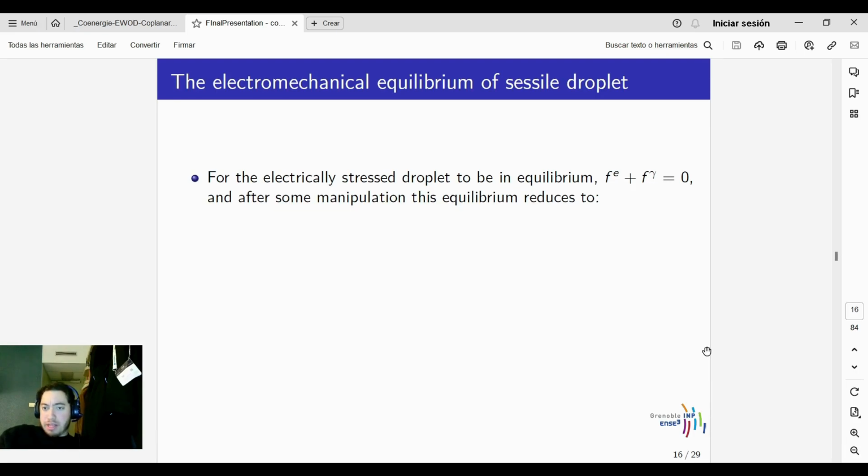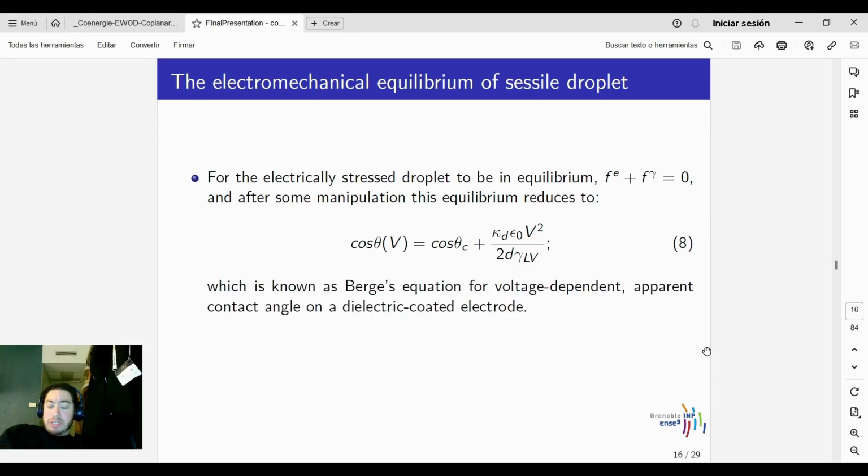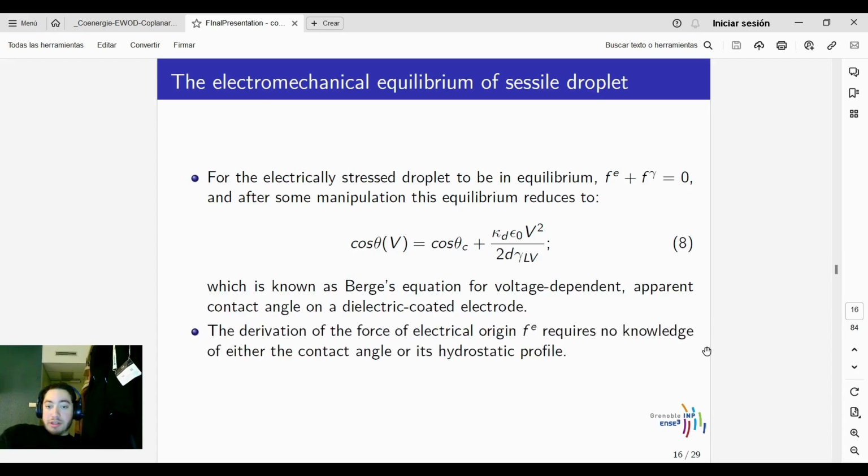After that, we can make some mathematical manipulation that will lead to the next equation. This equation is known as Young's equation for voltage dependent apparent contact angle on a dielectric coated electrode. As we can see here, basically the derivation of the electrical force requires absolutely no knowledge of the hydrostatic profile of the liquid drop or the contact angle.